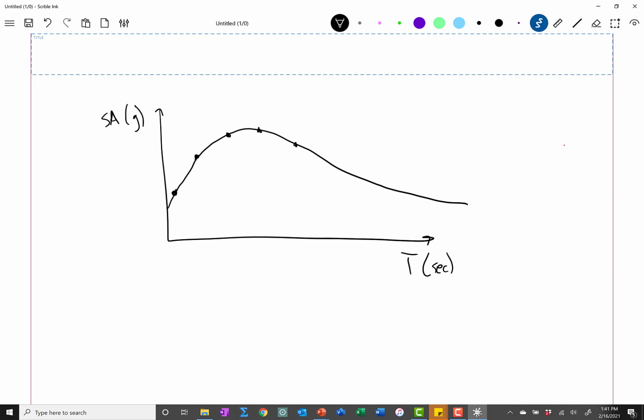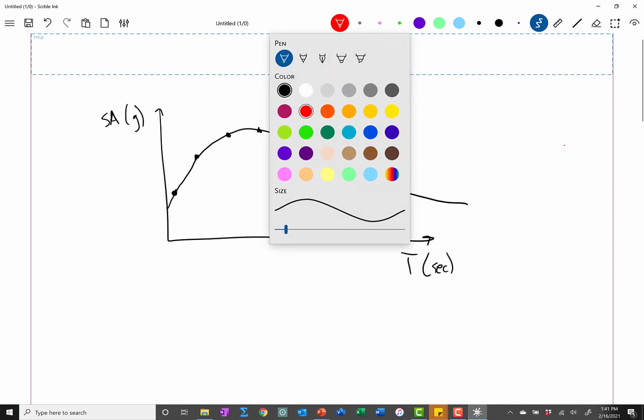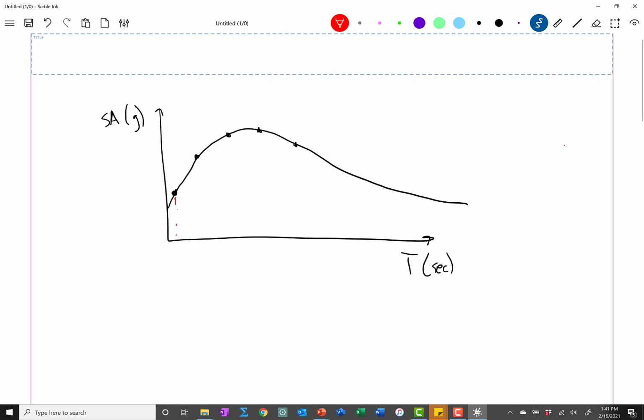each one of these points along this spectrum corresponds to a different period of vibration, and so on and so forth. And the idea is that in a uniform hazard spectrum, each one of these corresponds to the same return period.